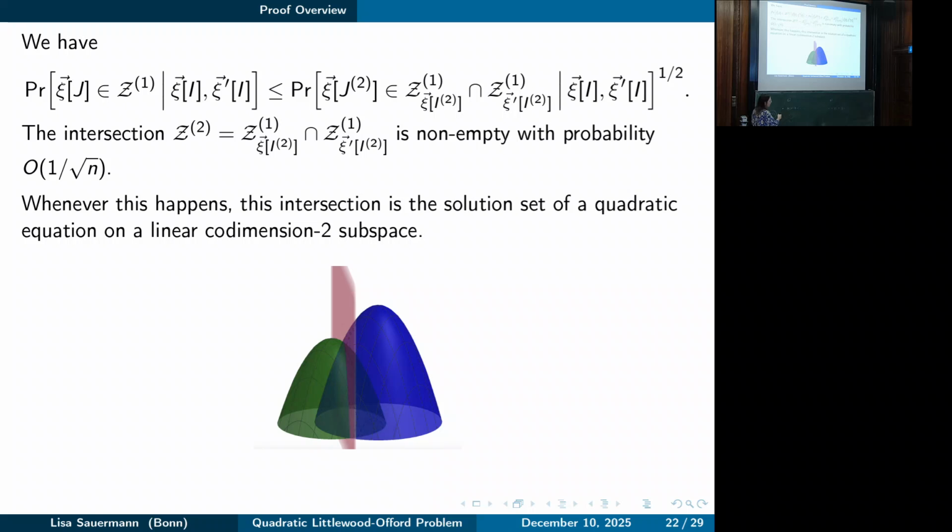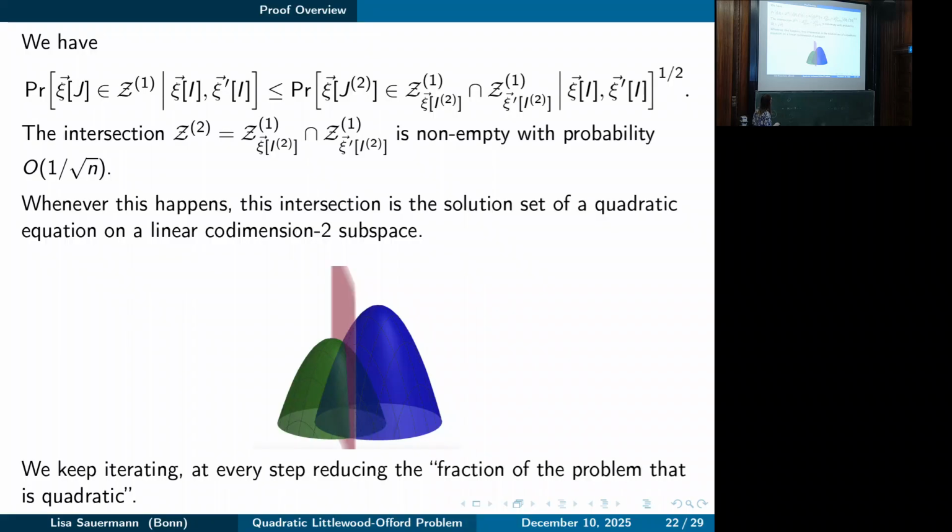Then you indeed have the property that the intersection gives you a linear equation. That simply comes from taking the difference of the two quadratic equations and applying the trick from before that gives you a linear equation. And so you get this geometric property that the intersection lies inside a hyperplane.